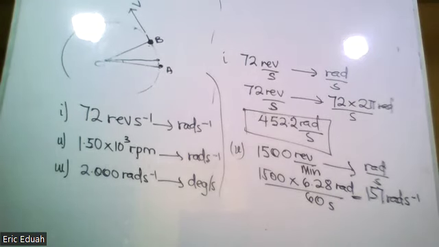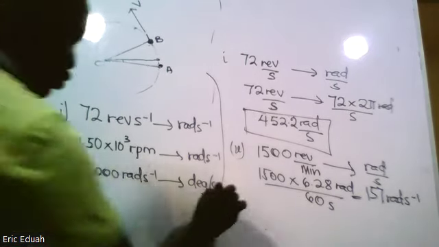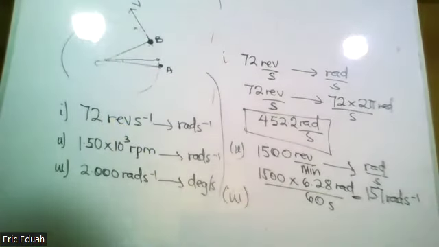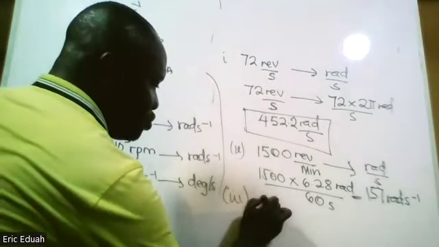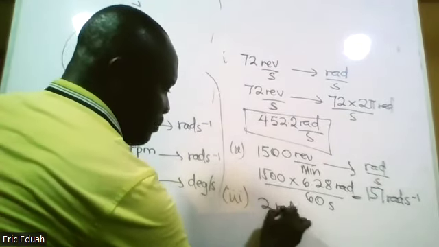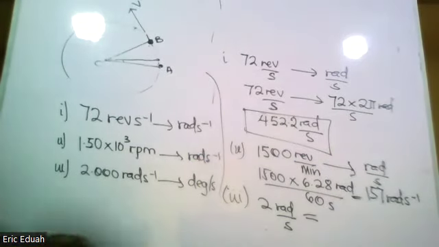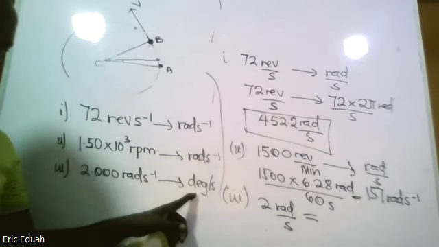Then lastly, we have 2 radian per second, and our task is to convert this to degree per second.